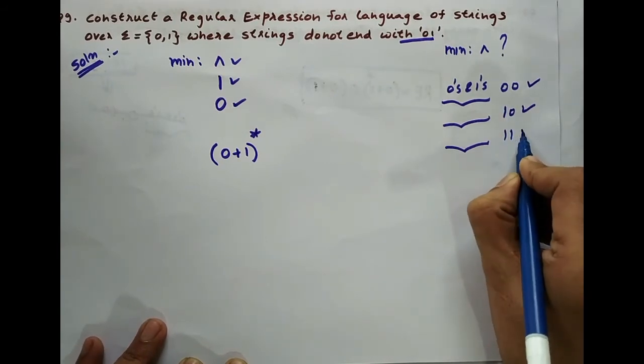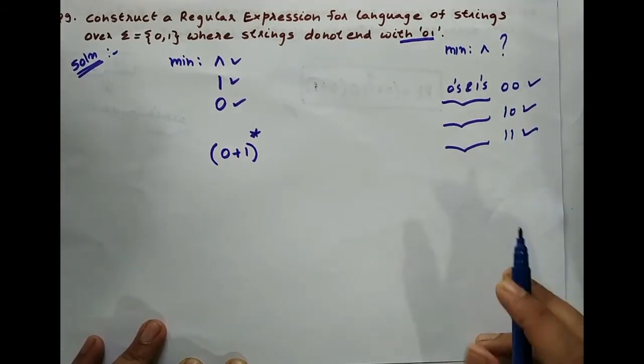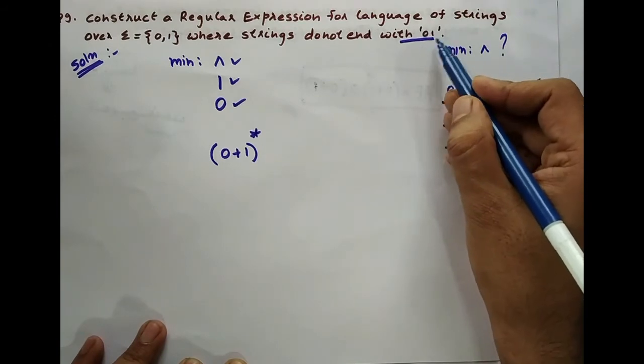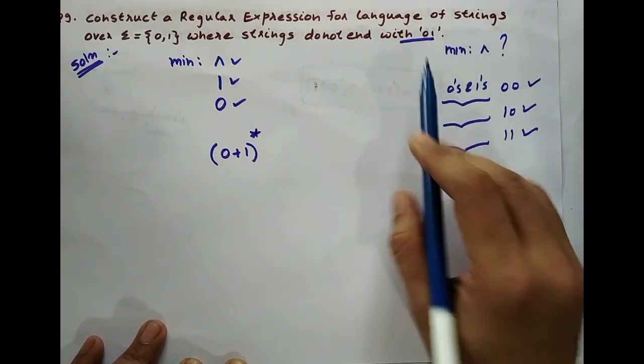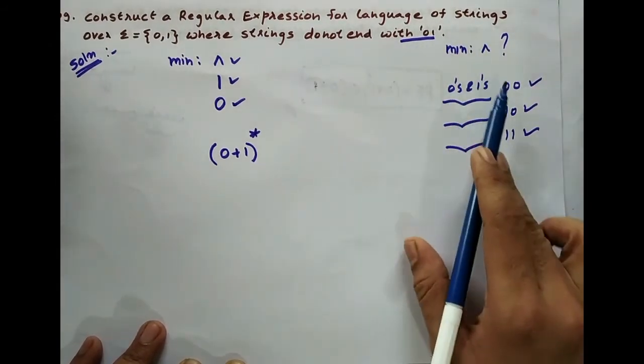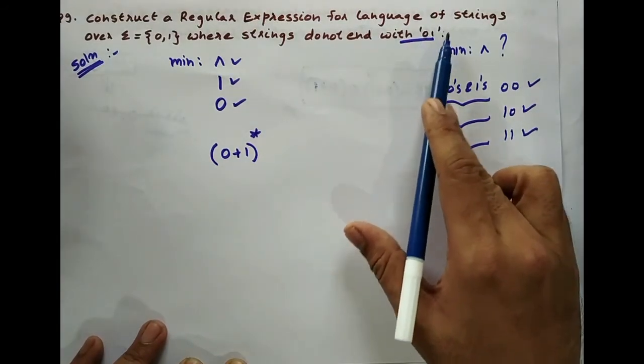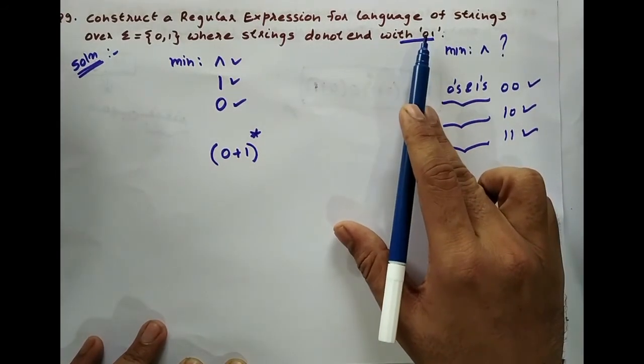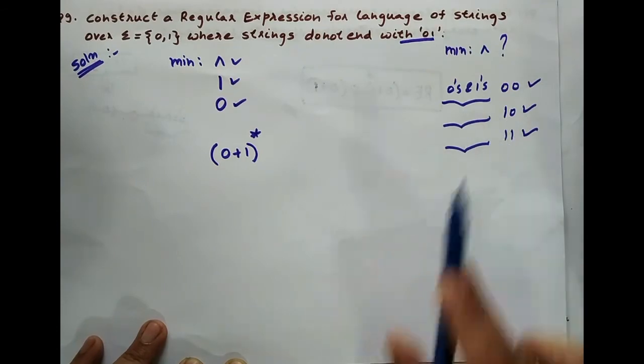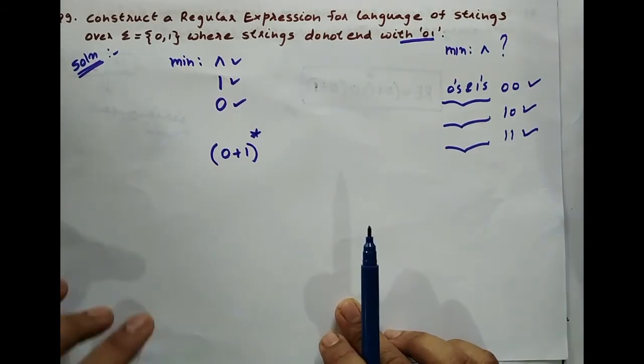Can it be 11? Yes. Is anything else possible? No, because for strings of length 2, these are the only 4 combinations that we have. So if this combination is not allowed, only 3 other combinations are there.